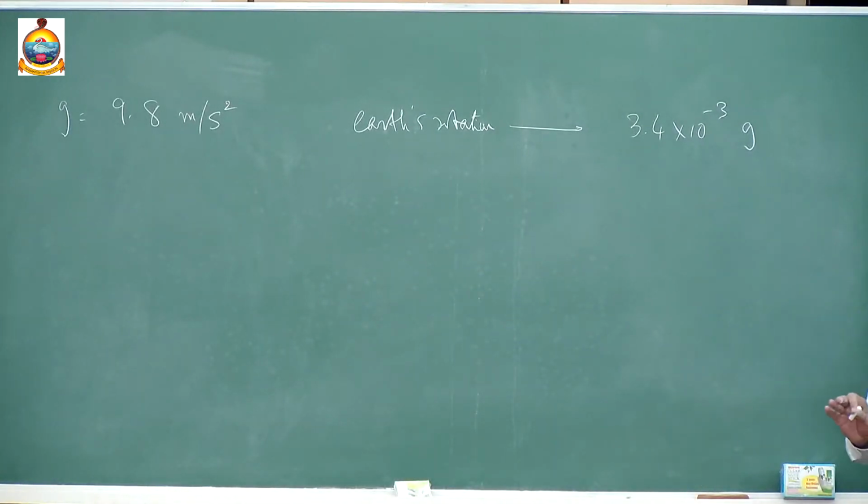So, if you imagine a laboratory fixed in space with respect to the center of the earth, but not rotating along with the earth, this is the correction that is involved.